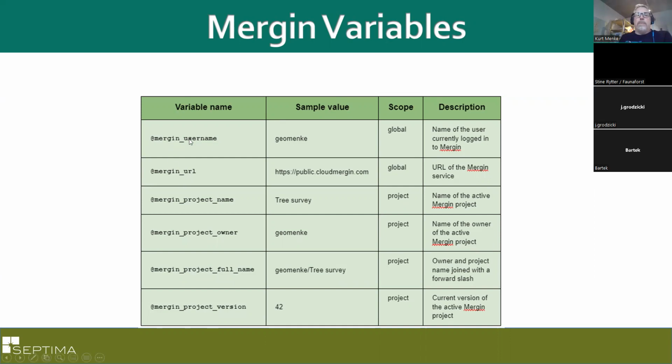So you could use @mergin_username as the default for the data collector field, and that would put the Mergin username into that field. There are some other Mergin variables that could be useful in other fields: the Mergin URL, the Mergin project name, Mergin project owner, Mergin project full name, and Mergin project version. You can use any of these as default values for different fields in your data collection form if they're useful.